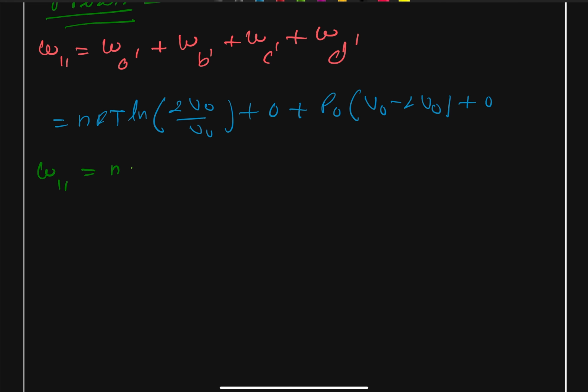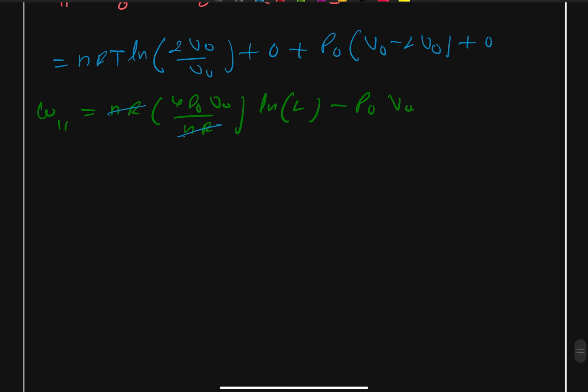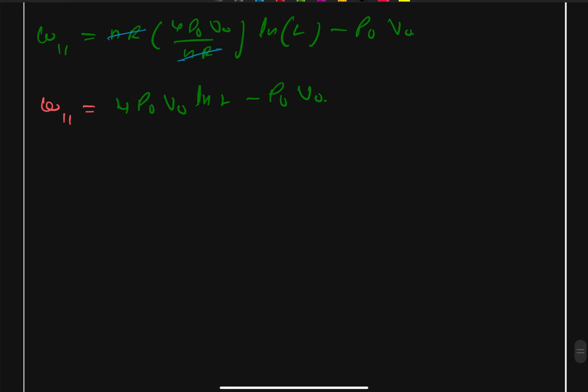So this comes as nR times 4 P naught V naught upon nR, natural log of 2, minus P naught V naught. nR cancels out, so we get the work done for the second is equal to 4 P naught V naught natural log of 2 minus P naught V naught. We have to find out the ratio, so that's quite easy now.